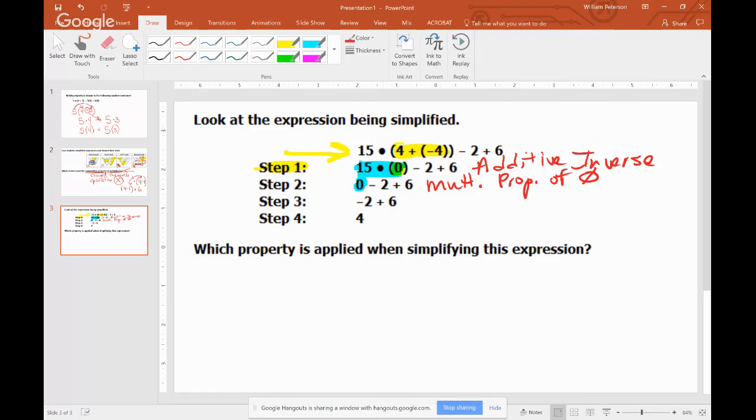And then you have good old-fashioned order of operations after that. They did 0 minus 2, giving you negative 2. And then you have negative 2 plus 6, giving you positive 4.